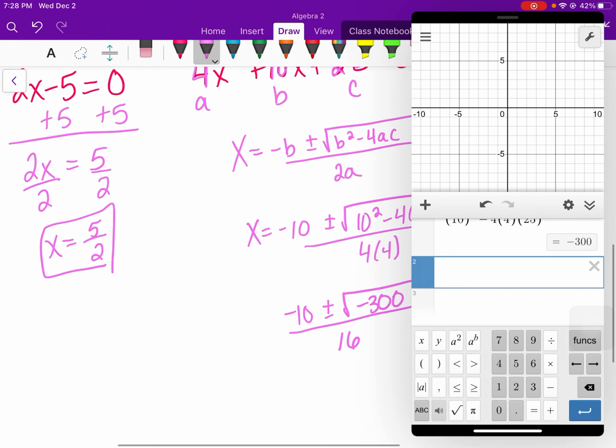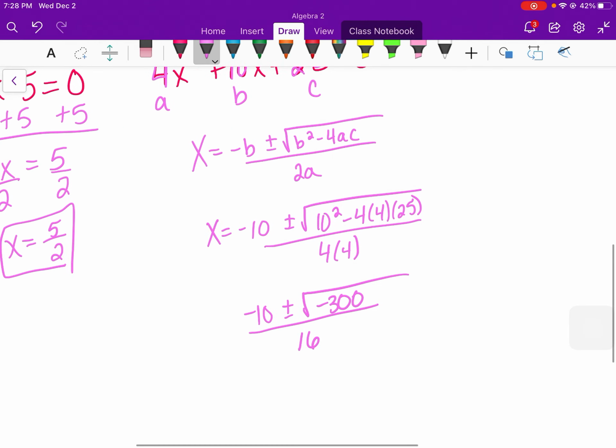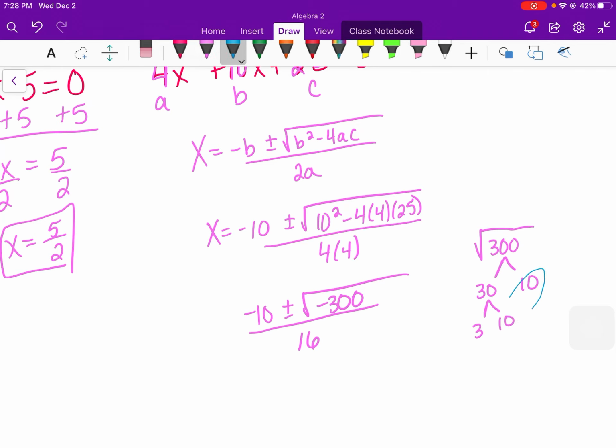All over 16. Now you'll want to reduce this a little bit. For the square root of 300, you can factor tree it. You could do 30 and 10, and then 30 is 3 and 10. Once you have a pair, you can take that out. But you could keep factor treeing it down to 5 and 2 and 5 and 2 so they're all prime, then take out pairs.